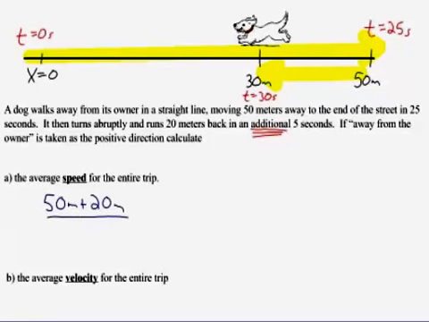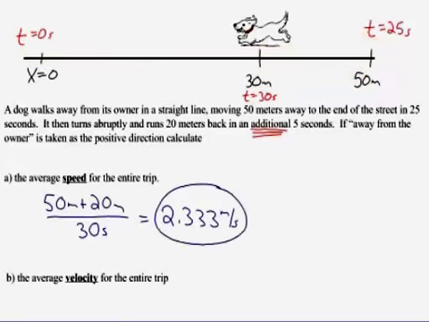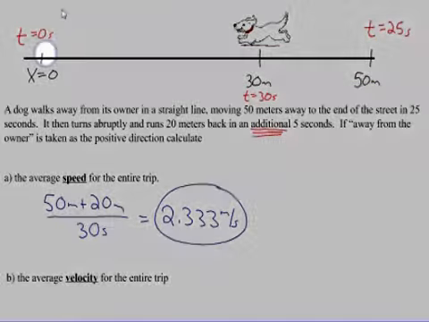And we're dividing by the time of 30 seconds. Again, the average speed is the total distance traveled divided by the time. And so if I calculate this, 70 divided by 30 is 2.333 meters per second.